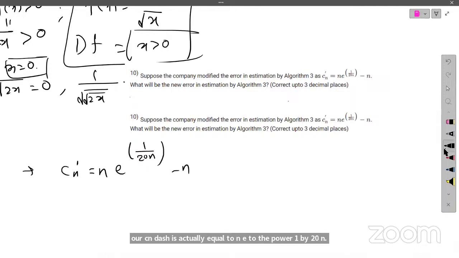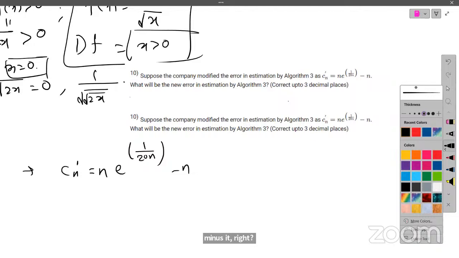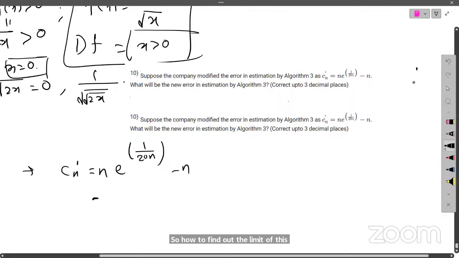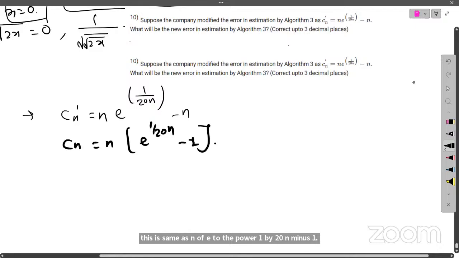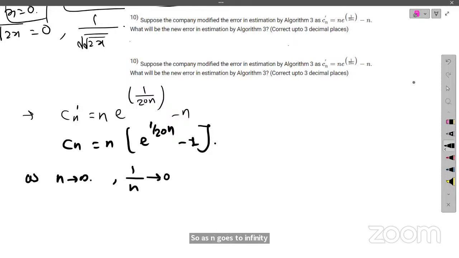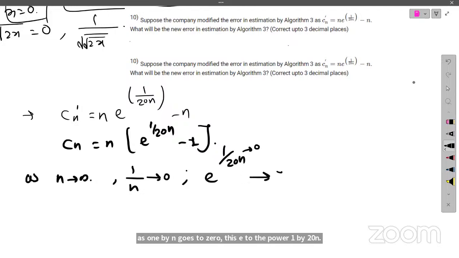How do we find the limit of this sequence? This is the same as n of e to the power 1 by 20n minus 1. But here, as n goes to infinity, 1 by n goes to 0, so e to the power 1 by 20n goes to 1.